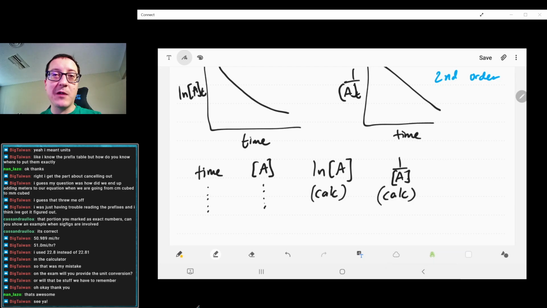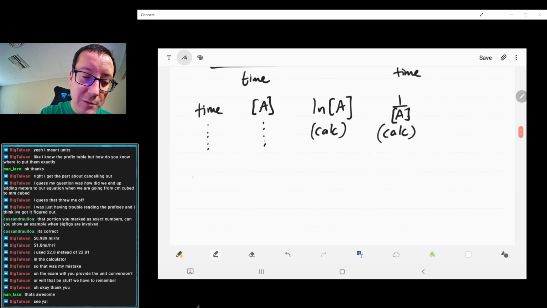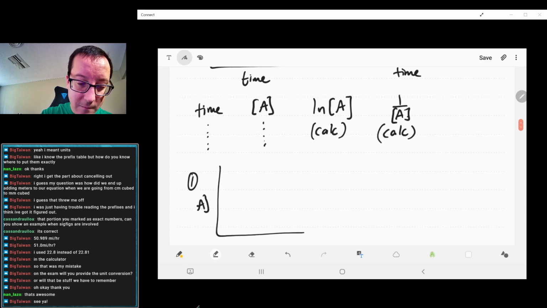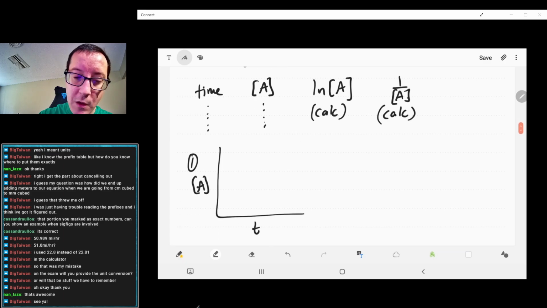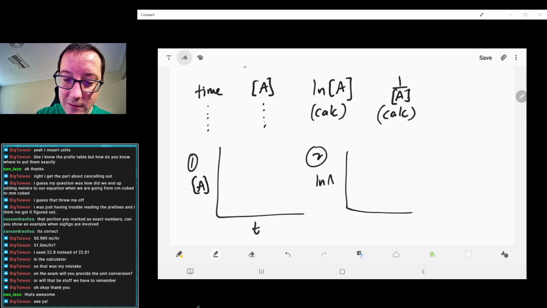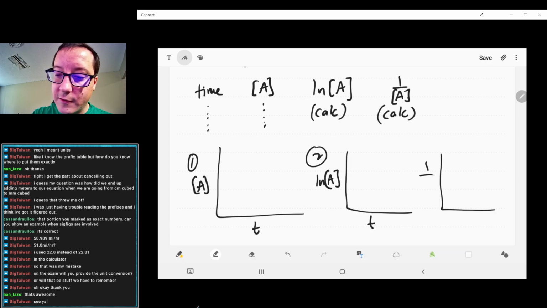And you would end up graphing all three of these versus time. So your first graph would be just concentration versus time. You would then graph the natural log versus time. And then you would also do the inverse versus time.